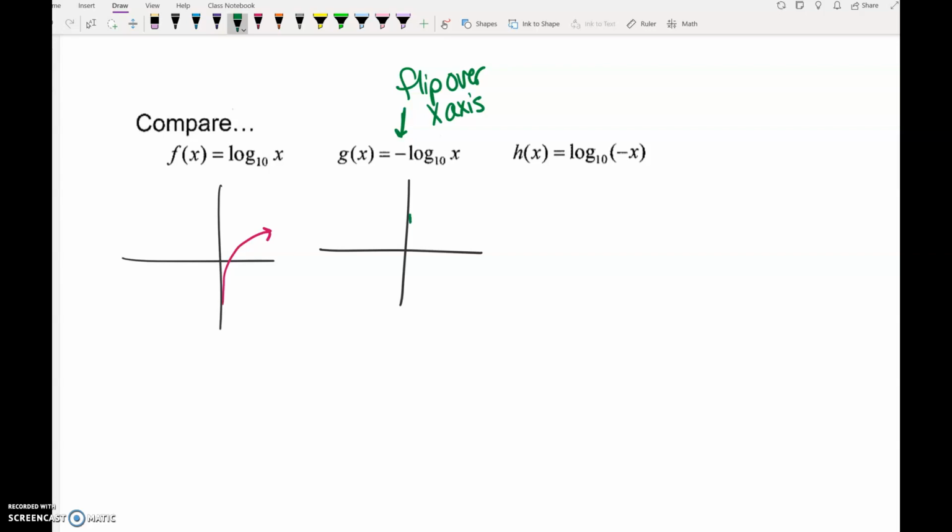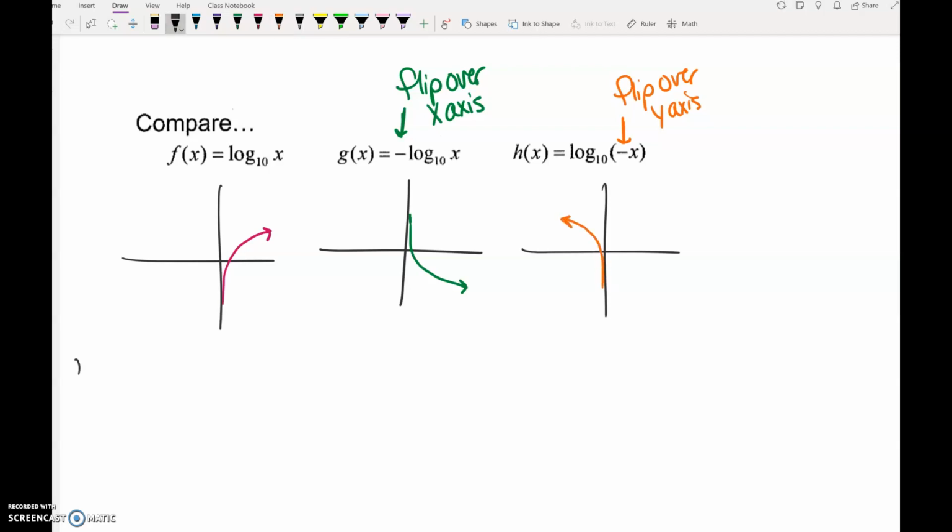So instead of starting down at the y-axis, it's going to start up. It's going to look like that. And if we put the negative inside, a negative inside is going to flip the graph over the y-axis. It'll be a horizontal flip over the y-axis, so that graph would look like that.